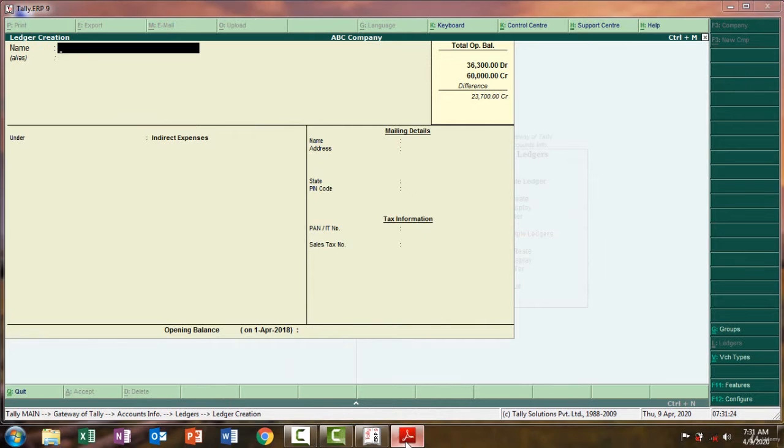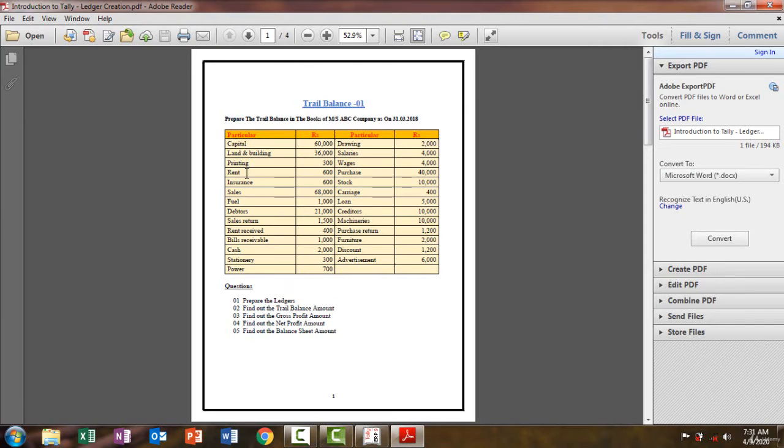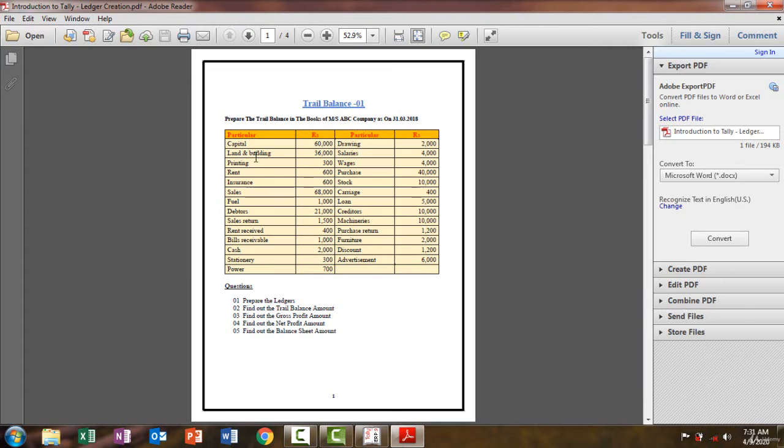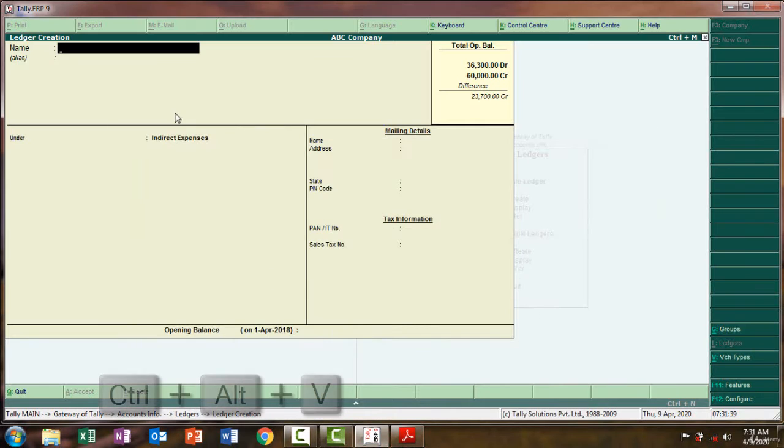Then the next one is rent, 600. I select, Control C to copy, and Control Alt V to paste.